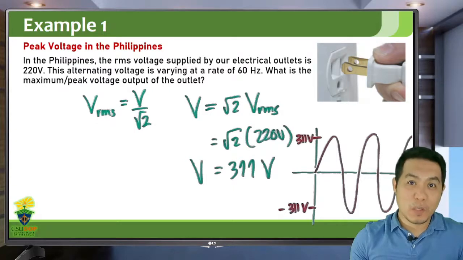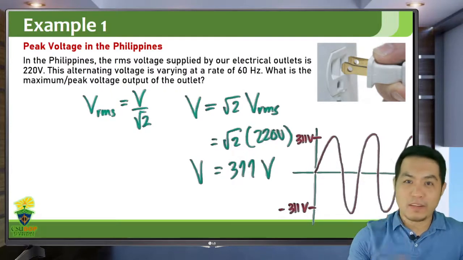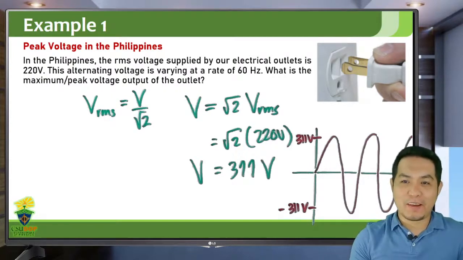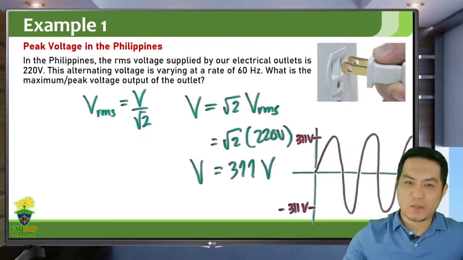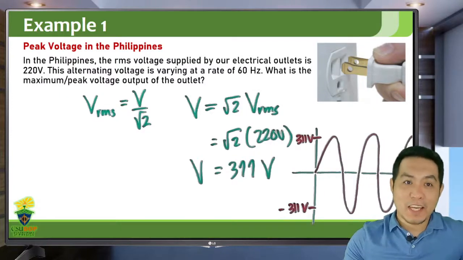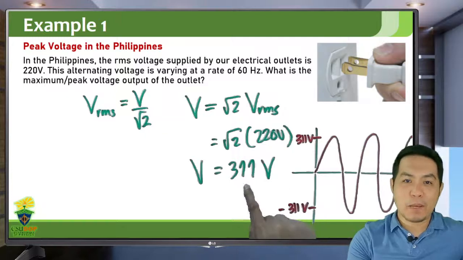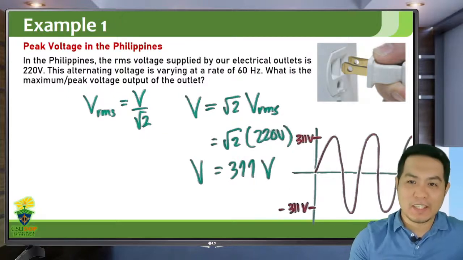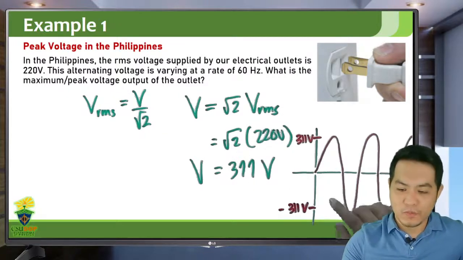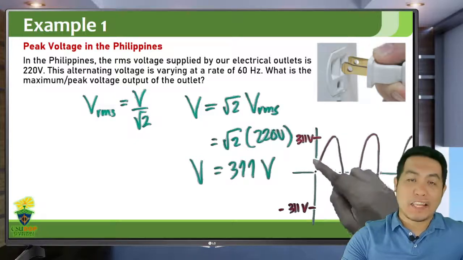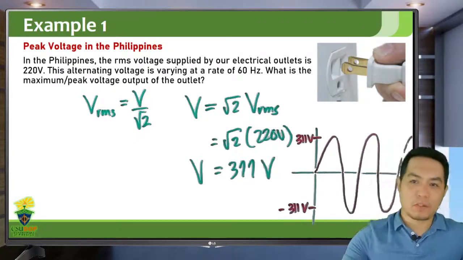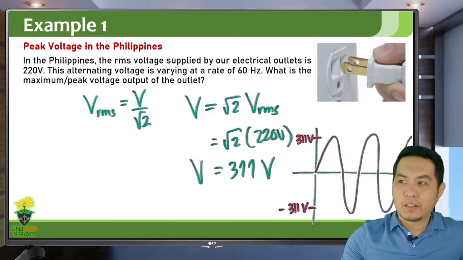It will switch directions from positive to negative 60 times in 1 second. That's actually very, very fast. So this is the peak voltage in the Philippines, 311 volts. The voltage will swing from 311 to negative 311 volts.